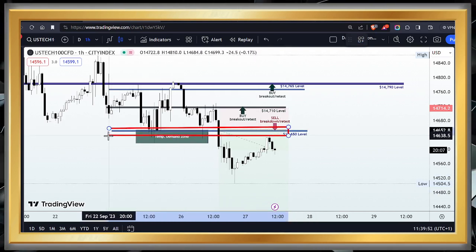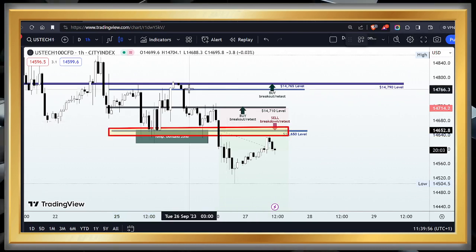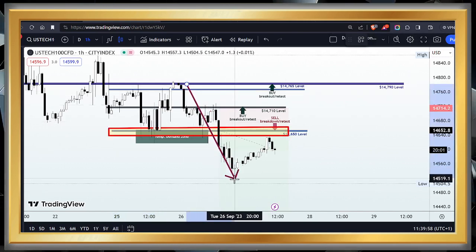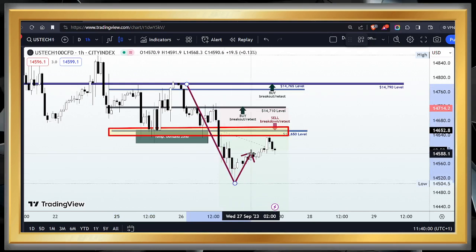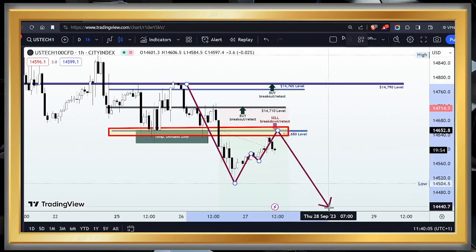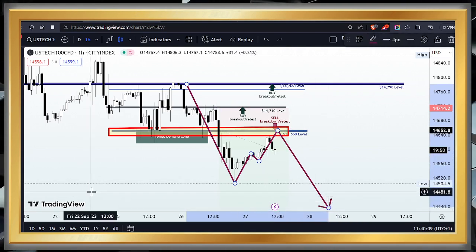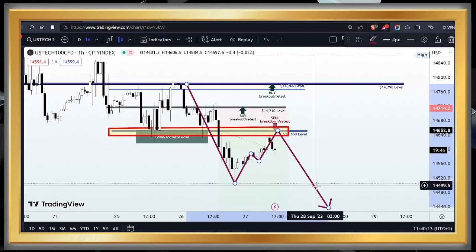From a technical standpoint, when price action breaks down a key structure such as this 14,650, there are chances that price could come back, retest the zone that was broken to incite a trend continuation to the downside. This is a very beautiful expectation for us to join a downtrend continuation.